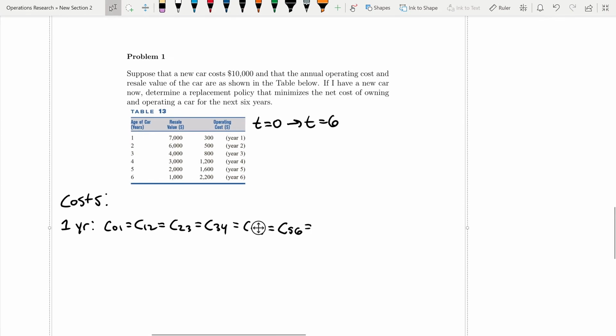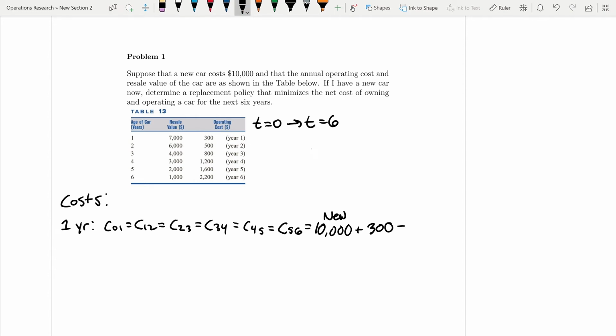And this is going to cost us $10,000 for the new car, plus we've got in the table here $300 for operating cost, and then we have to subtract off $7,000 for the resale value, because that's going to be money coming back to us. So again, I'll label these operating cost and then resale, and this is going to sum out to be $3,300.